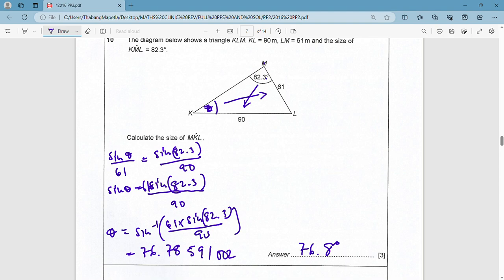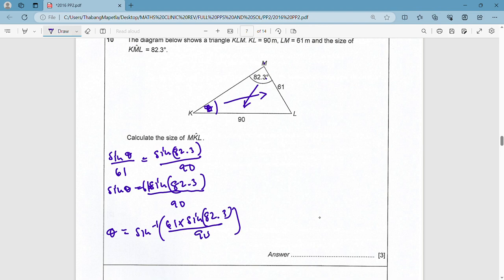Then store it, then recall. The answer is 42. I did not punch well on that. My punching was wrong, and this is paper 2. I made a mistake in punching.